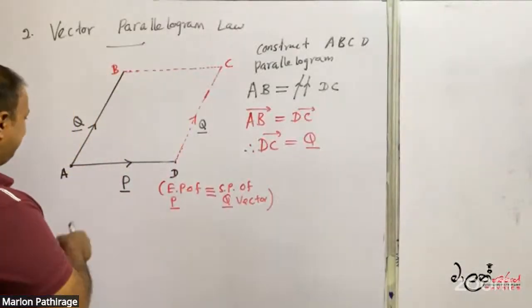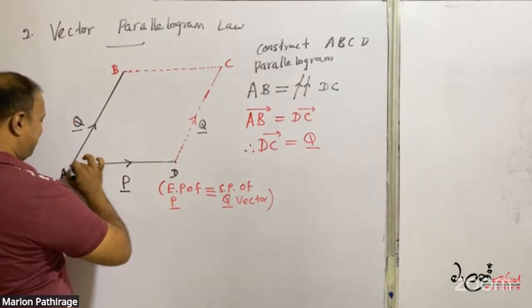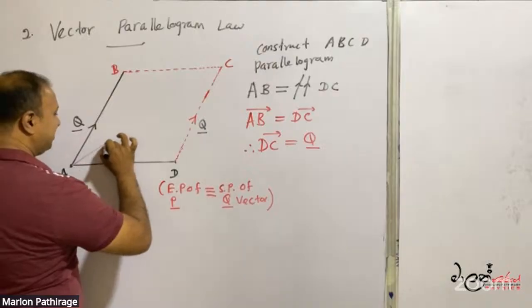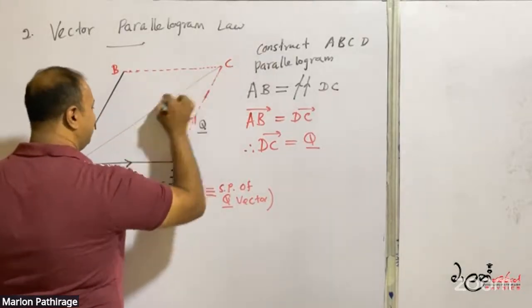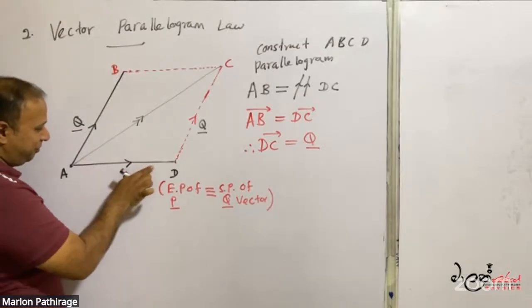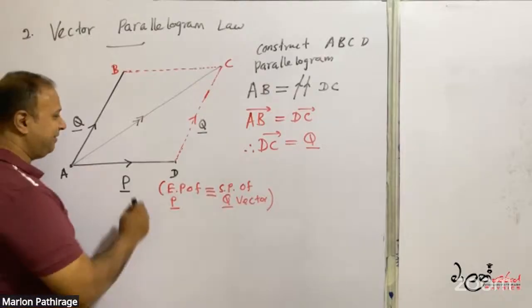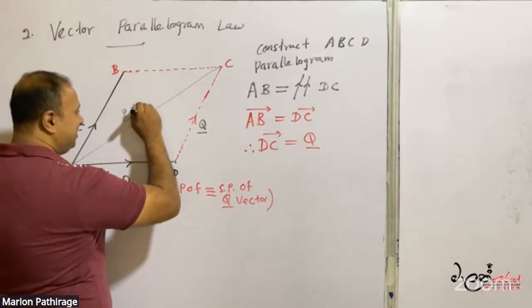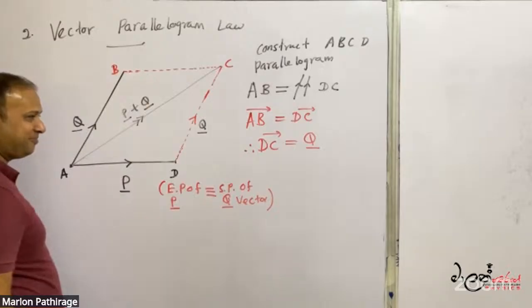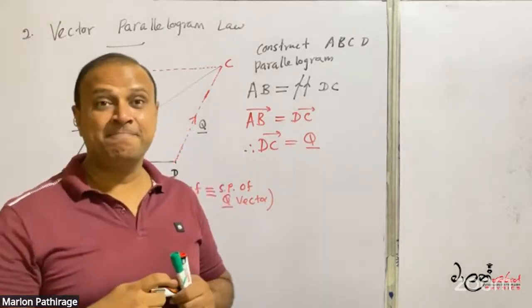AD plus DC means now it is AC vector. Therefore, P plus Q should be represented by AC vector. Is that clear? If it is clear, please raise the hand.